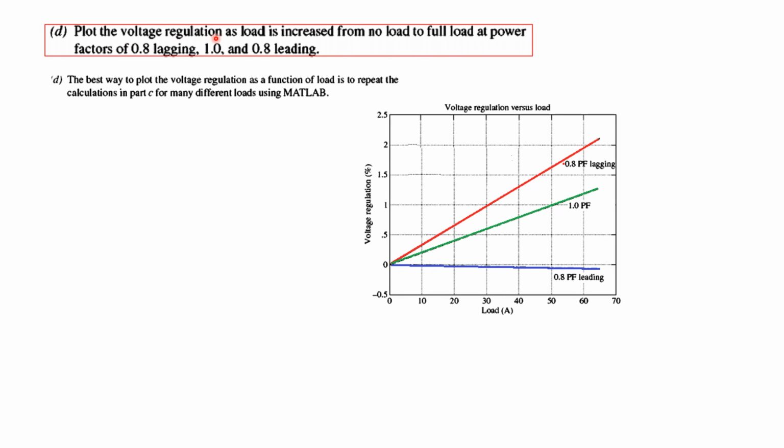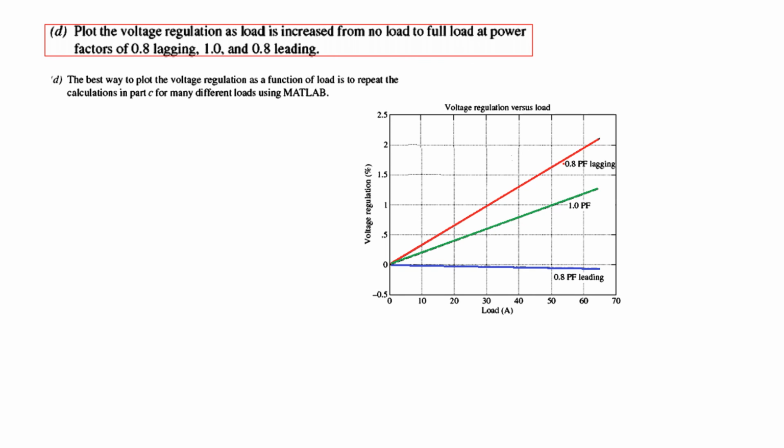Plot the voltage regulations as load is increased from no load to full load. If you look at this diagram, no load is 0, and then we are increasing the load. The best way to plot the voltage regulation as a function of load is to repeat the calculations in part C for many different loads using MATLAB. We will not go into that. In your book, the MATLAB program is given, so you can type it and get the answer.